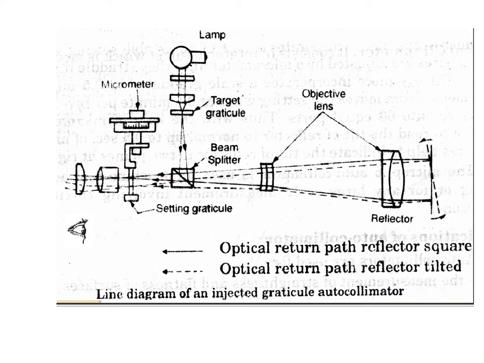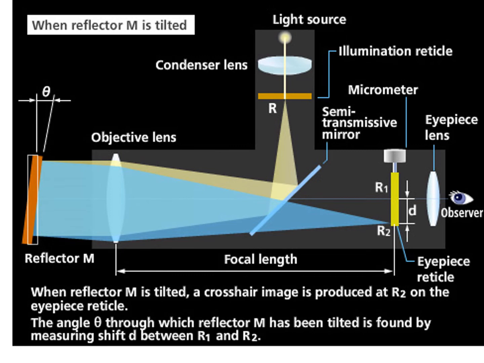That is the basic concept of the working of the autocollimator. The same is explained here. To measure, we have the micrometer, the distance d, the optical return path with the reflector square, and the optical return path with the reflector tilted. The reflector here is nothing but the workpiece. This diagram gives more clarity.